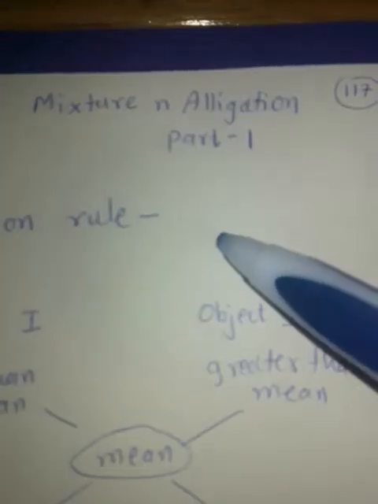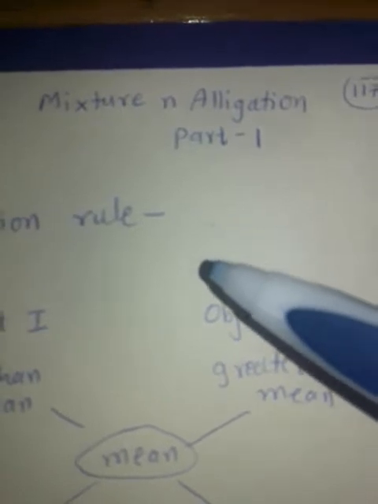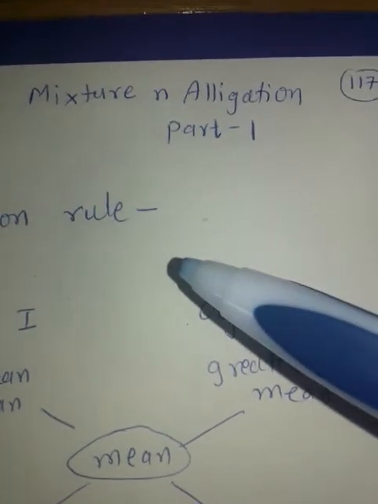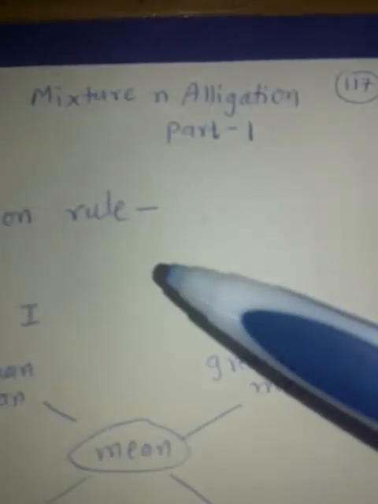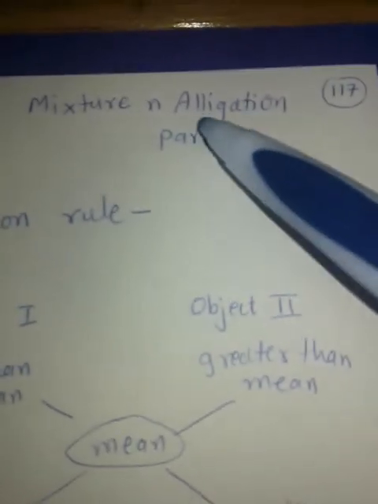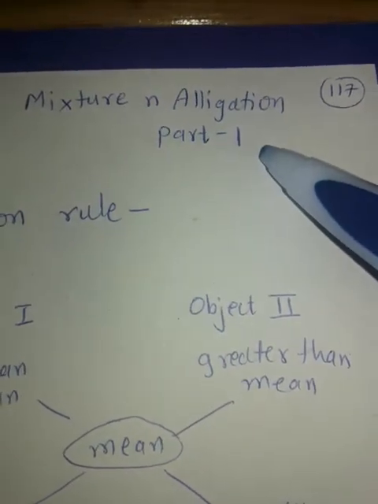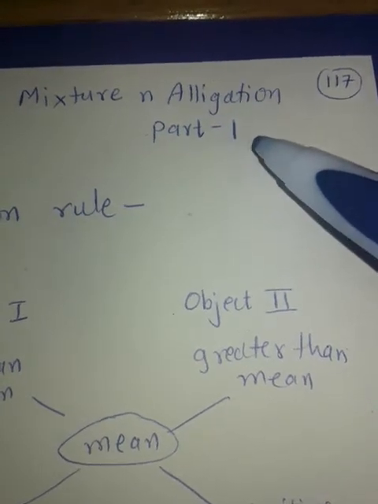Watch this till end and you will be amazed how this alligation rule can be applied to various chapters even if you don't know the basics of the chapter. Now some students find time and speed very difficult. Some find calculating profit and loss very difficult. I am going to cover those examples also where we can use alligation rule even if we don't know what is time, what is speed and what is profit.